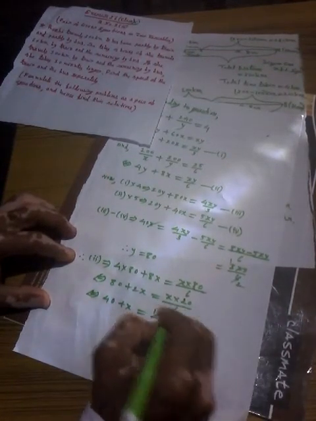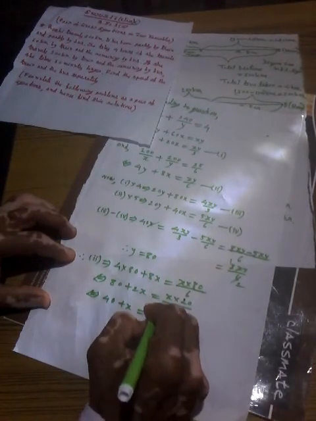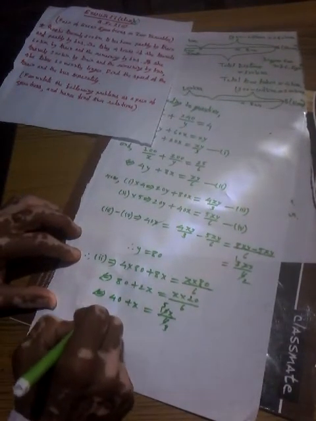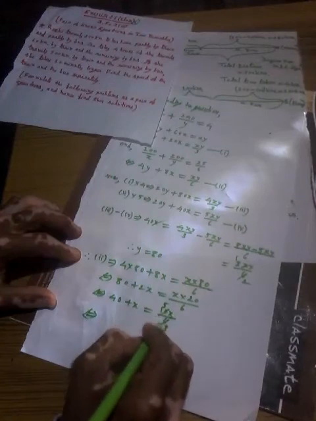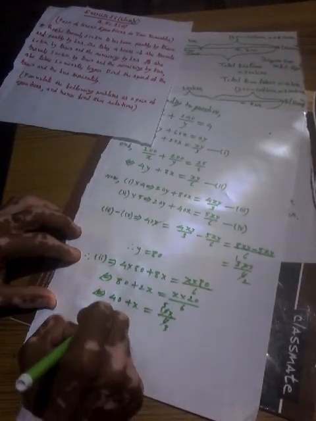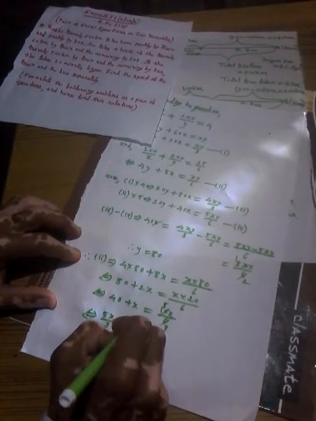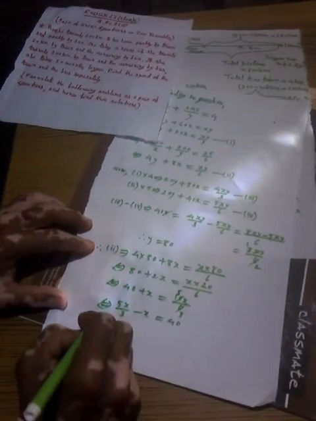If we do cancellation here, 2 3 are 6, 2 5 are 10. So this implies 5x by 3 minus x is equal to 40.